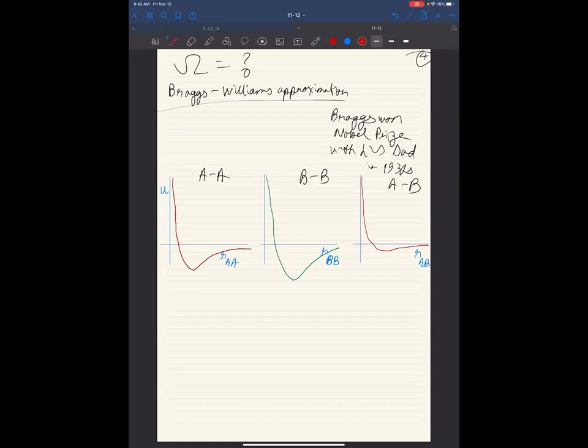And this depth over here I'm going to call epsilon AB. Okay, so let's see.